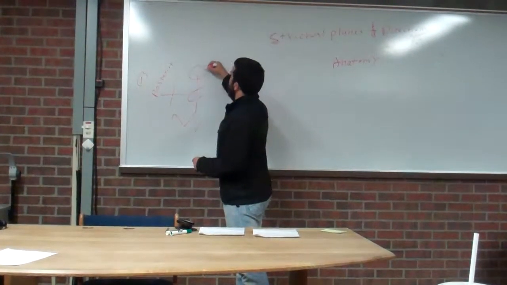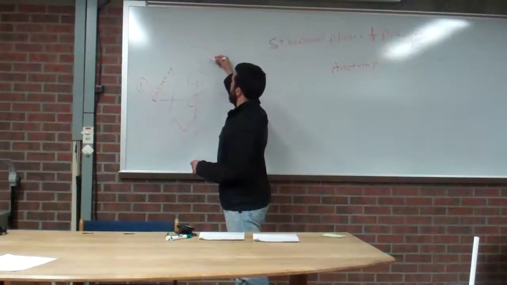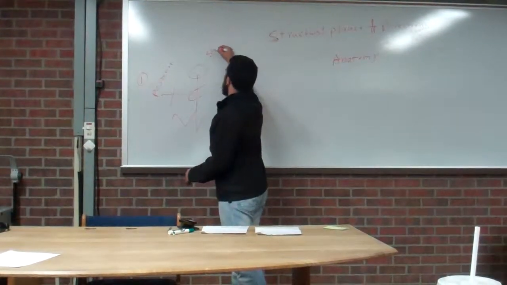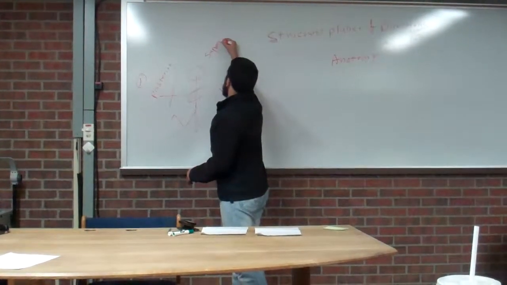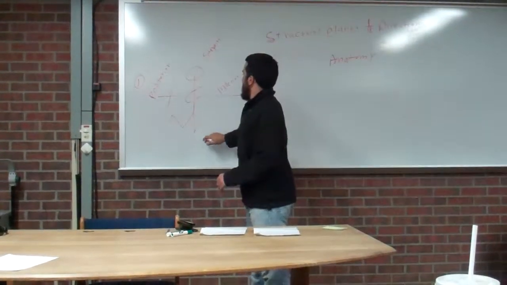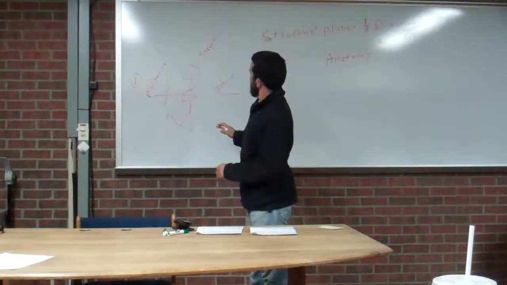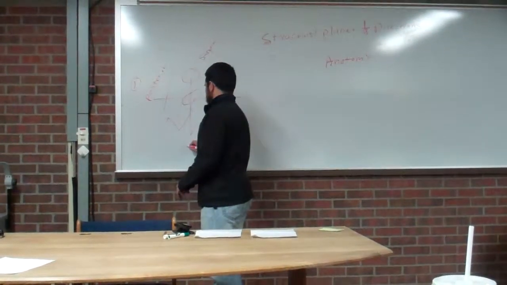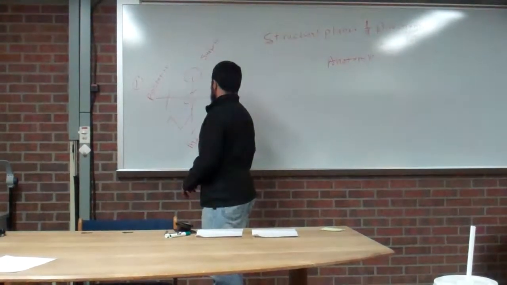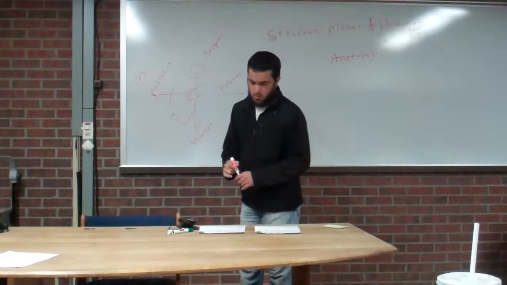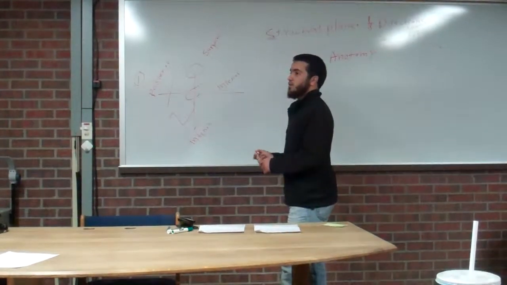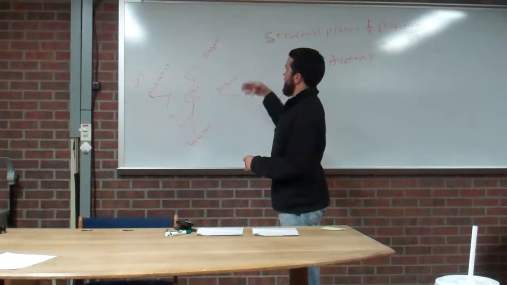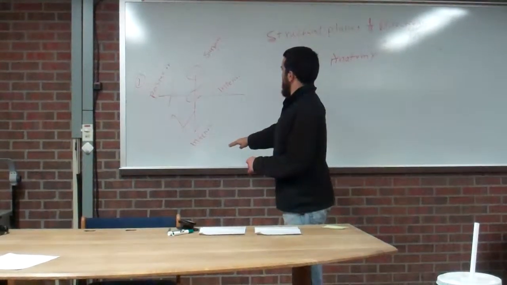The first one, the upper part, you call in anatomy superior, and the lower part we call inferior. This is part 1 about some definitions: anterior and posterior, and superior and inferior.